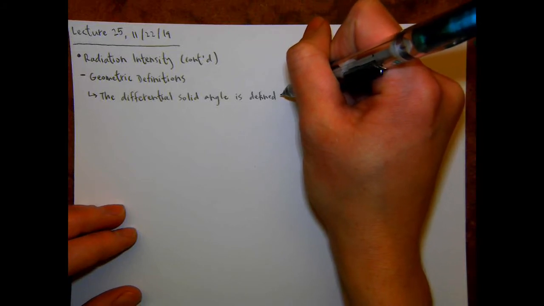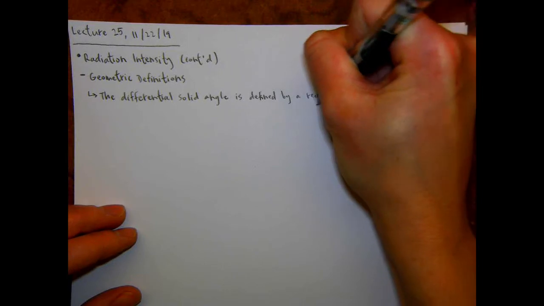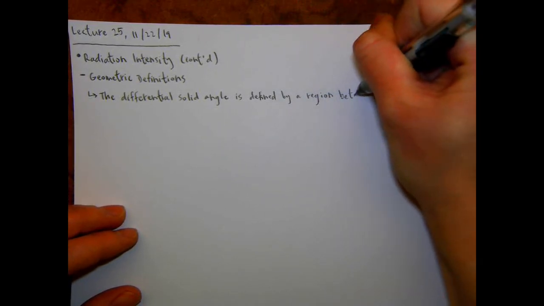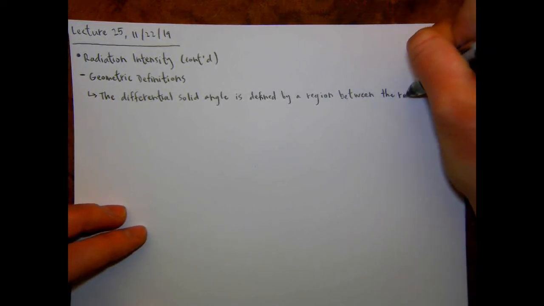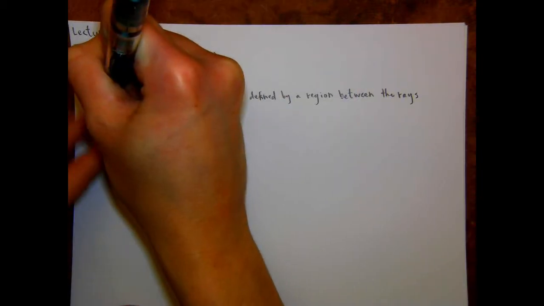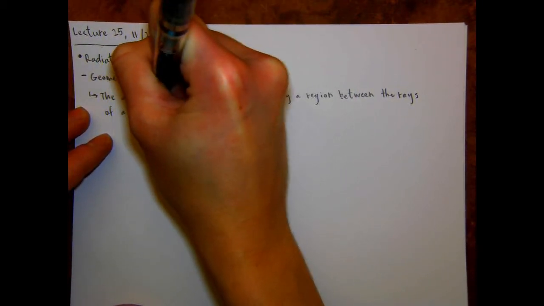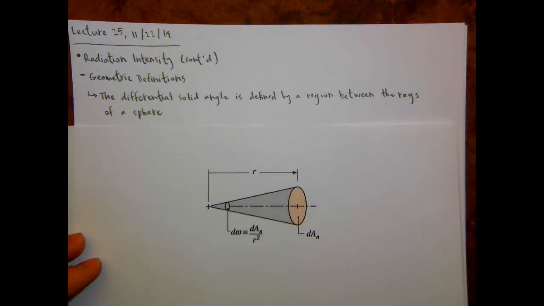So the differential solid angle is defined by a region between the rays of a sphere. And again, instead of drawing this, I'm going to show you the schematic from the book.